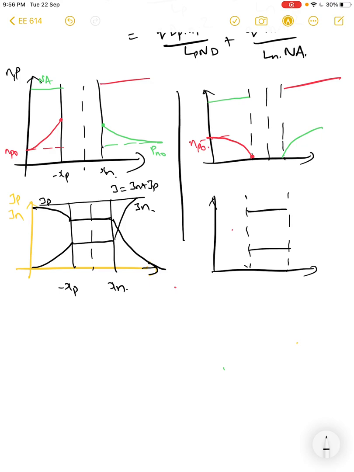It will again go the same way, but then it will just drop much more drastically now in comparison to the previous case. This is the case in the reverse bias. So this is x, J, the total J is once again conserved, Jp, Jn.